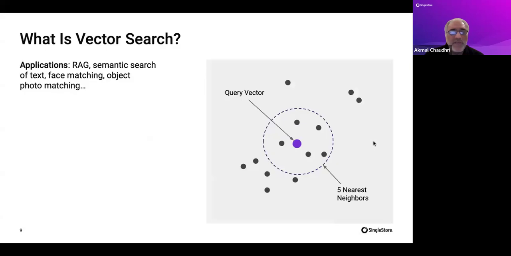So the ANN for vector search, then what is vector search? Useful for RAG, semantic search, text, face matching, object photo matching, quite a varied selection of use cases. And typically we have here, I guess this is trying to represent Euclidean distance. So we have some kind of query that we want to run, and we're looking for certain matches within a certain distance here, nearest neighbors, for example.